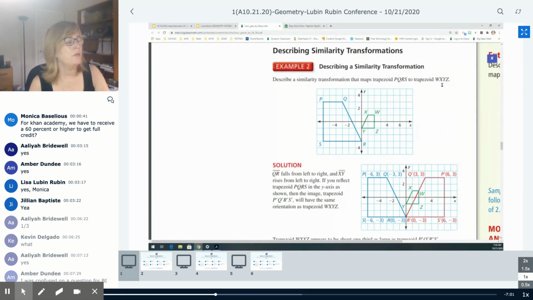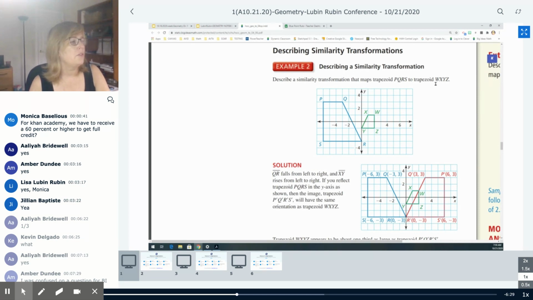So if I look at where P is and where W is, I can see that there's some kind of reflection going on here. And obviously there's a dilation that is a reduction. So it appears that it is reflecting in the y-axis, okay? And then there is a dilation of a fraction. So we have to figure out what that is. And I can do that by looking at the numbers for P and W because they map up.